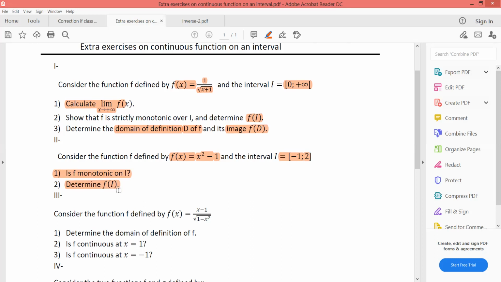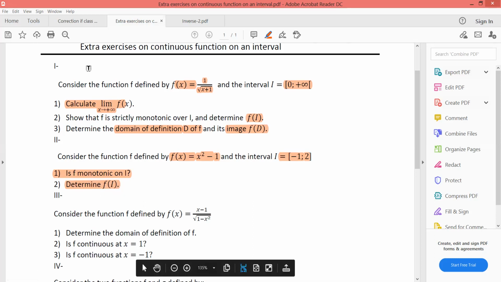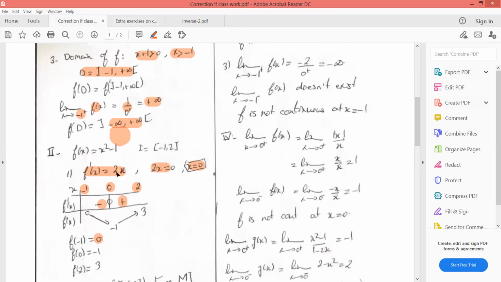This is the third condition. What did you write for small m and big m? Between minus 1 and 2, the function is decreasing from 0 to minus 1, then it increases to 3.